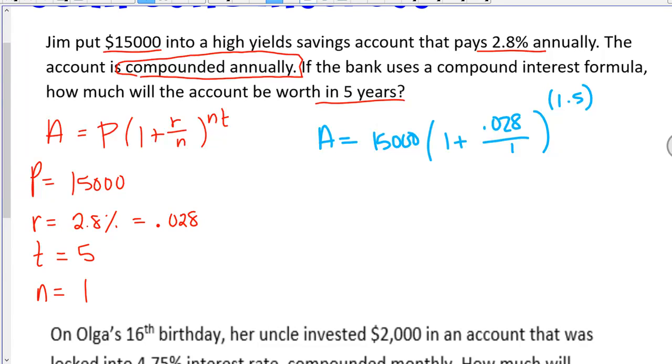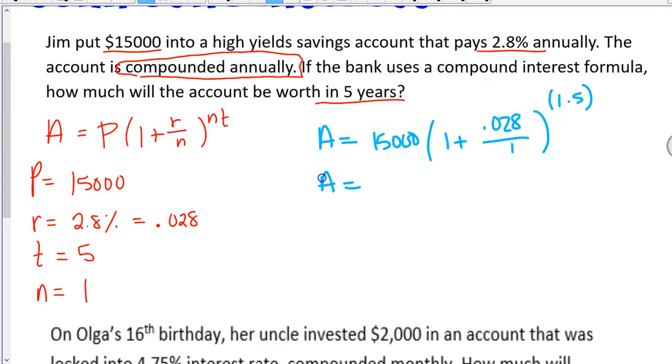Now again, just a calculator note, if you are going to type this in, which I know you are going to type this in your calculator, either do this multiplication in your head and then type it in as the exponent, or make sure you use parentheses when you're typing that in to make sure that your exponent is N times T. That's sometimes a calculation error I see made.